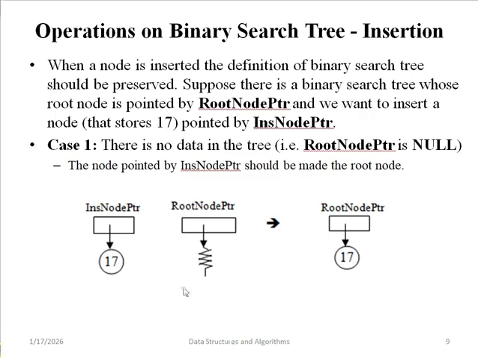So the first case is where there is no node in the tree, so the root node is pointing to the empty node. If we have a node 17 to be added into a tree in which there is no node, we can simply make the root node point to that new node.